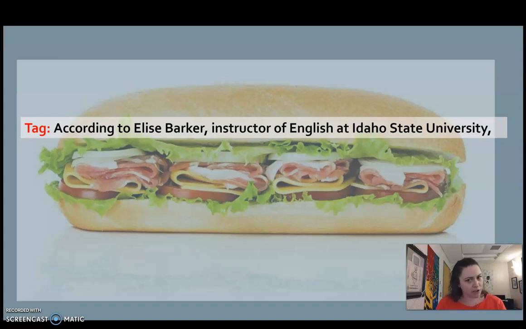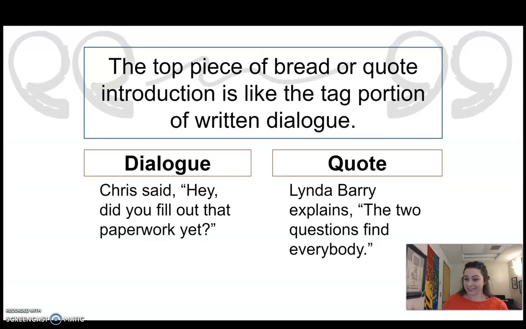According to Elise Barker, instructor of English at Idaho State University, comma, and that's similar to what we have. So it looks a lot like our dialogue. Chris said, comma, hey, did you fill that paperwork out yet? Linda Berry explains, comma, the 2 questions find everybody.